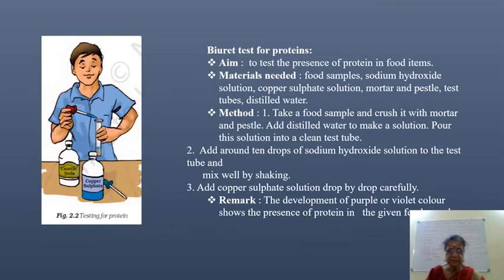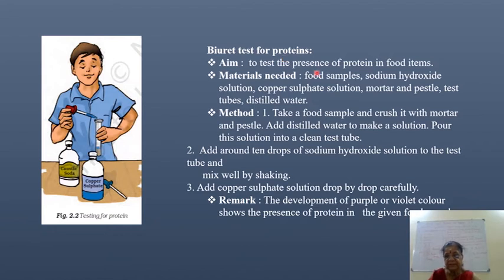Now this is the test for protein, called the Biuret test. Test for protein is known as the Biuret test, and you should always write it in experiment form, as you write in the record and observation notebook.